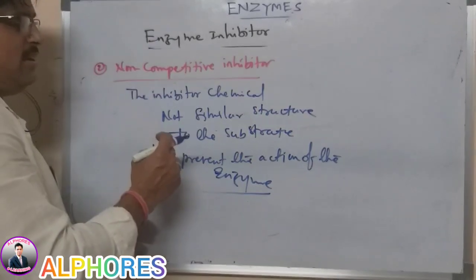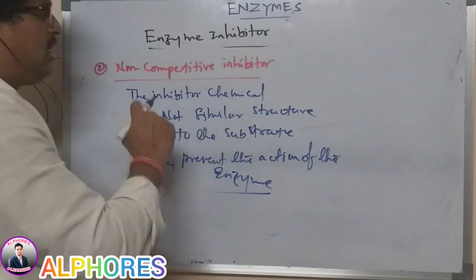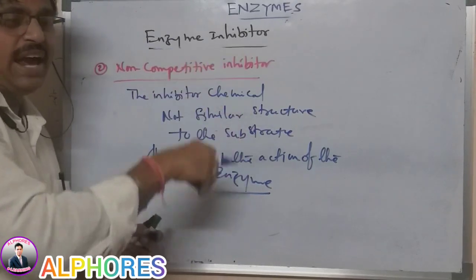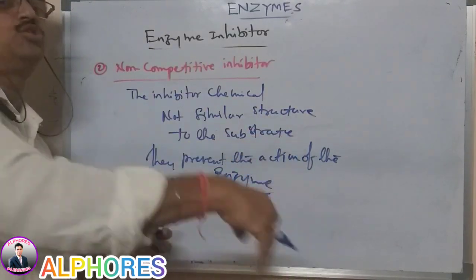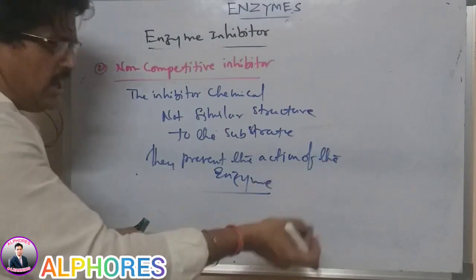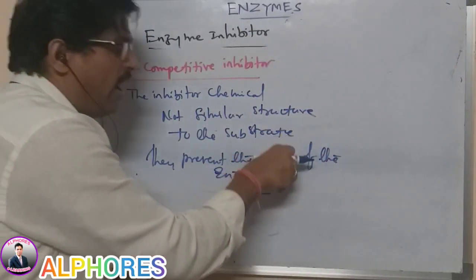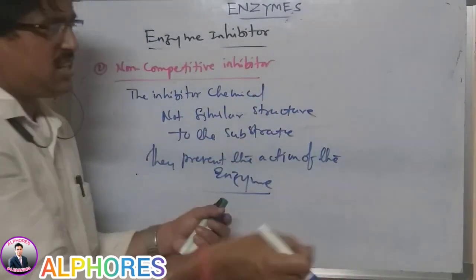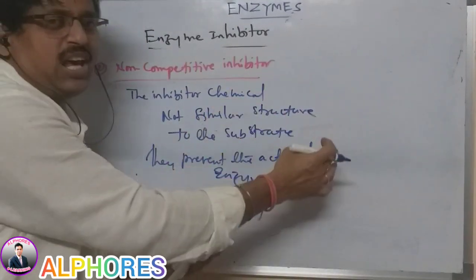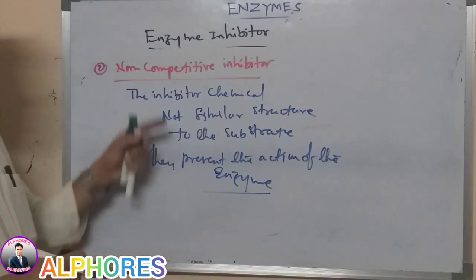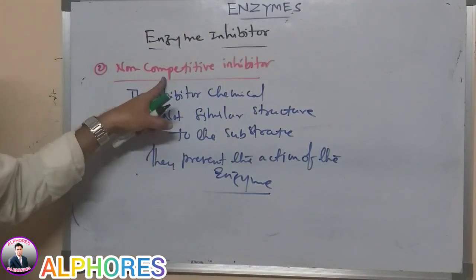So once the non-competitive inhibitor is fixed, the enzyme site suitable for the substrate molecule is going to alter. There is no scope for the substrate molecule to join the active site, because such an active site is removed or changed by this inhibitor. That is why it is called the non-competitive inhibitor.